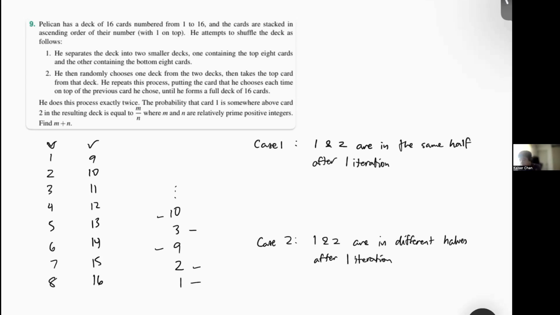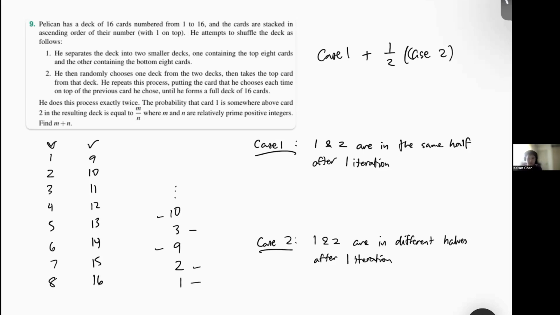So if we have these two cases, then the answer, or m over n, would be case 1, since that would already guarantee that 1 is above 2, and 1/2 of case 2, since we need card 1 to be above card 2. So by symmetry, there would be a 1/2 chance that card 1 would be chosen before card 2.